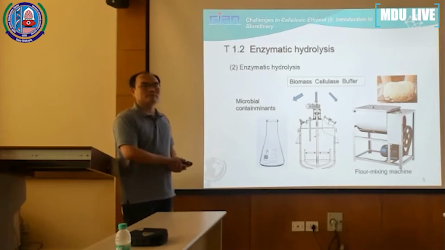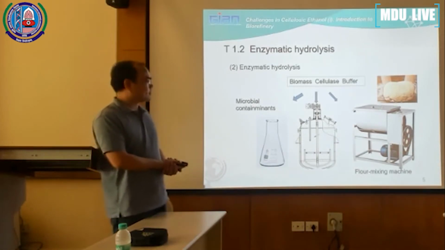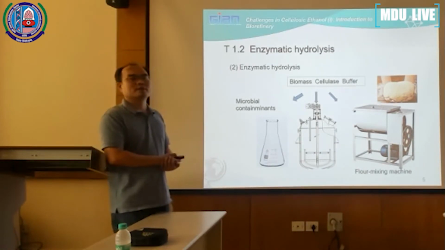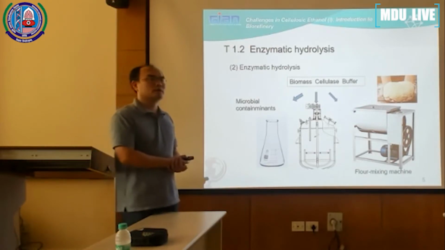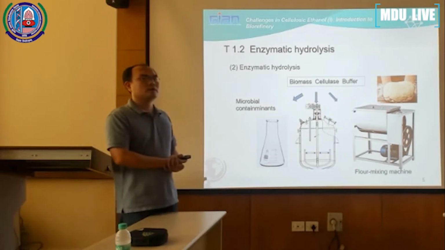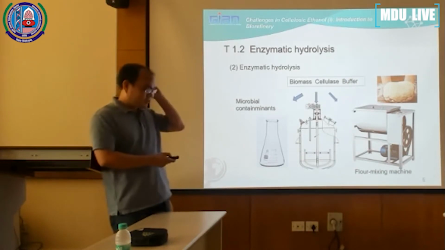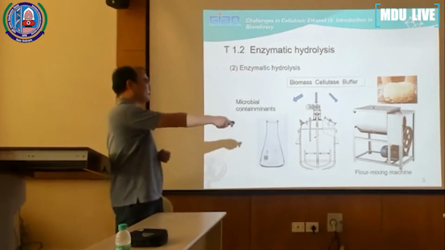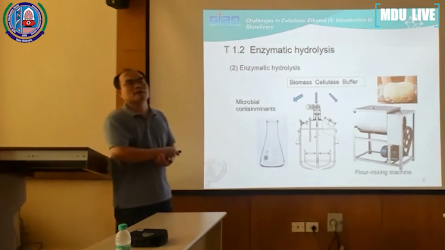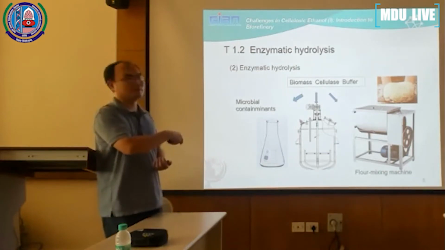Is this operated in batch mode or fed batch mode? Batch mode, not continuous. Won't the yield increase if we go for fed batch mode in the third one? Yes, previously I presented some fed batch. I did it using flasks, adding the materials in the flask.